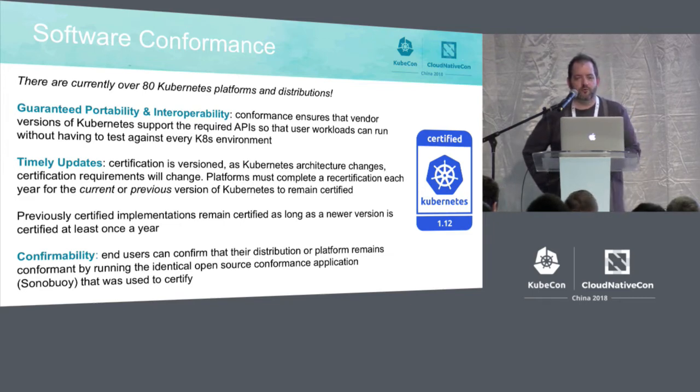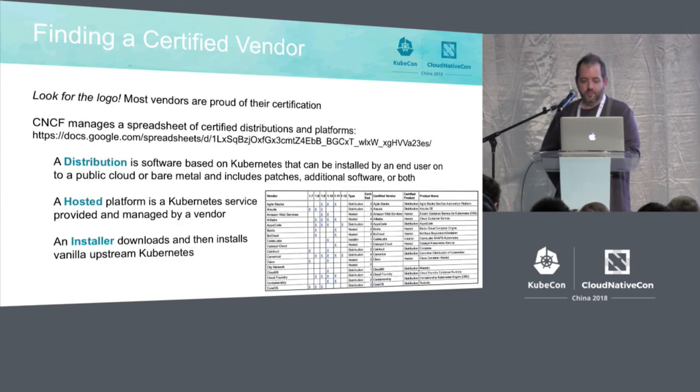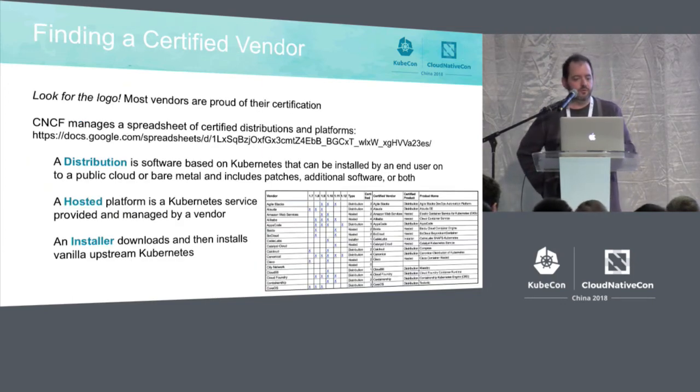And so software conformance guarantees things like that, where you got the portability, you got the interoperability, and you know it's going to be updated because, again, the platform vendor has to do it every 12 months, right? So they're going to be up to date. And you can confirm it, right? You can run the same test, it's an open source test, against that platform, and if you find any errors, they have to fix them. So you know it's going to work.